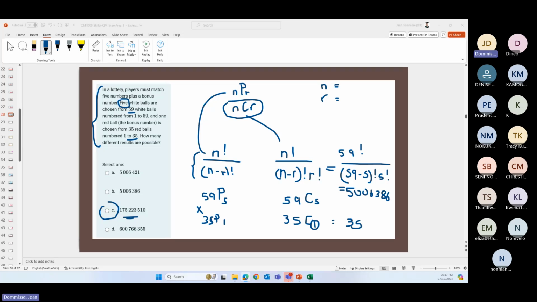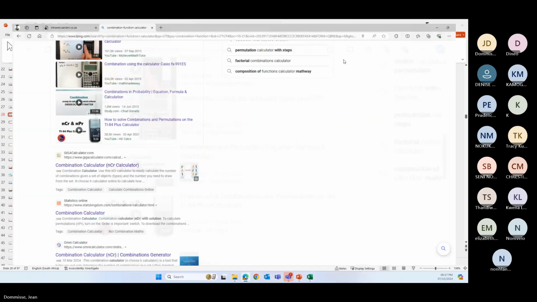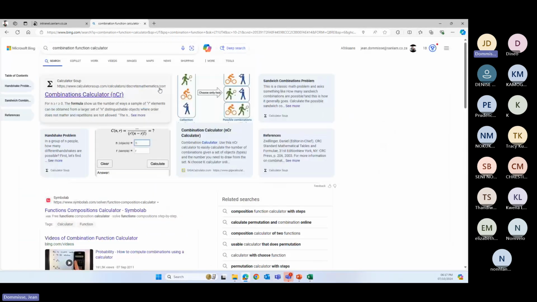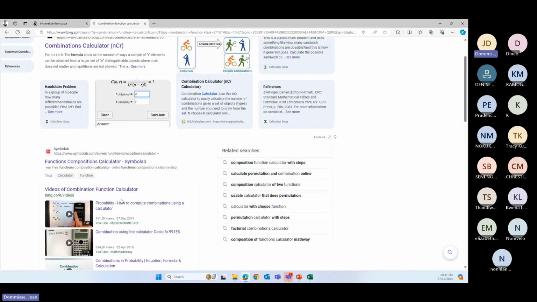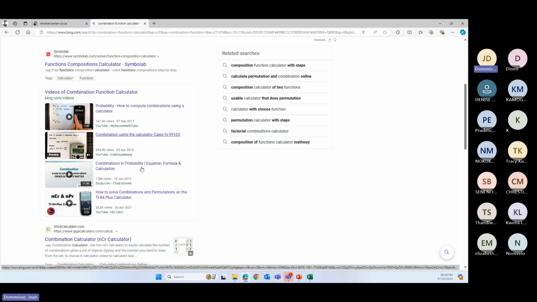Okay, so there are a few nice video clips as well. I just quickly Googled combination function calculator, and there are a few nice ones. If you want to look at the Casio, there's a nice short YouTube video on the Casio.